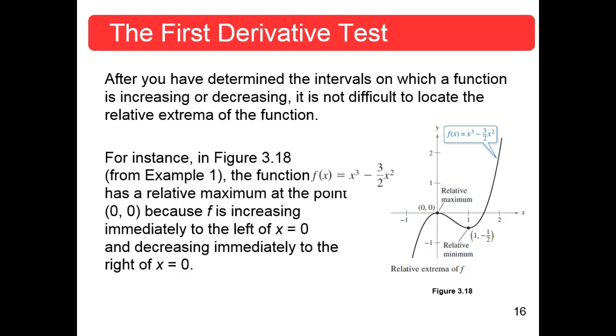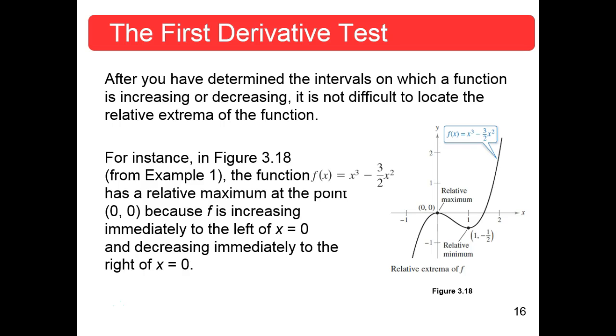Now, first derivative positive here, meaning it's increasing. First derivative negative just past 0. We found that out. That means this has to be a maximum. It can't be increasing coming up to 0 and decreasing after 0 and not be a maximum.